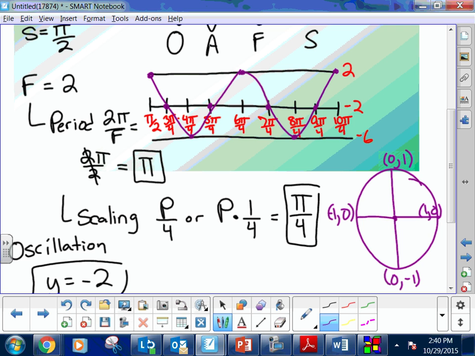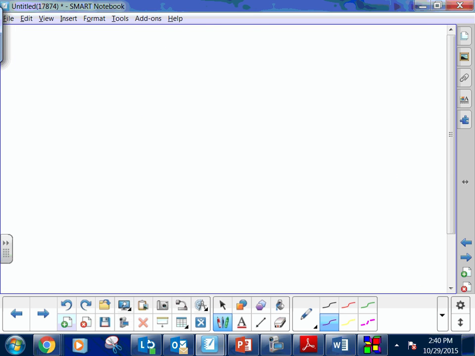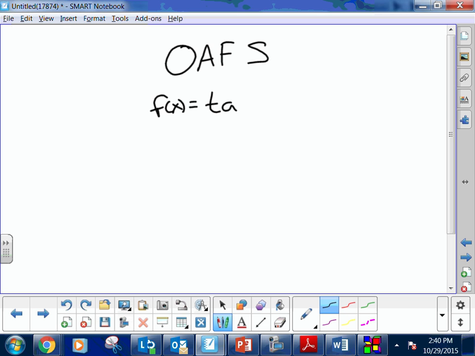It's done. All right. I want us to now practice the tangent because the tangent is a little different. With the tangent, I'm going to go ahead and start writing OFFS on top, and I'm going to write down f of x is equal to the tangent of x. But I want to go ahead and challenge you with the same request.